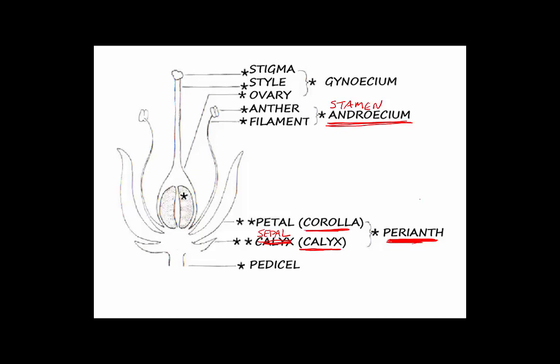Similarly, although a little more intricately, the stigma, style, and the ovary can be referred to as the pistil. And we're going to see some subtleties in the way in which terms like this are used. But I'd like for us to think of all of the female parts of the flower considered collectively to be called the gynoecium.